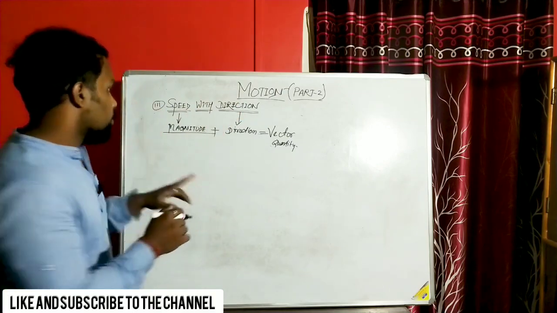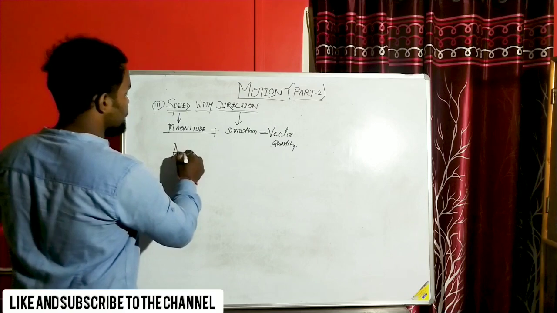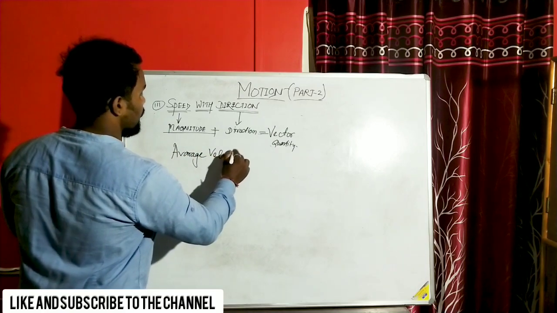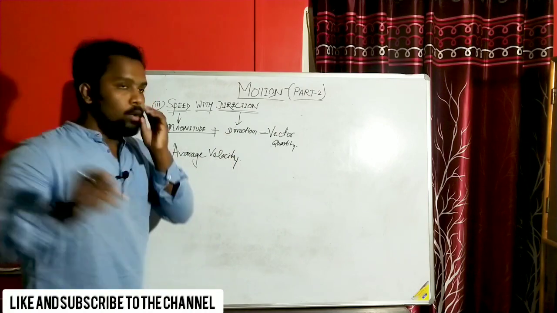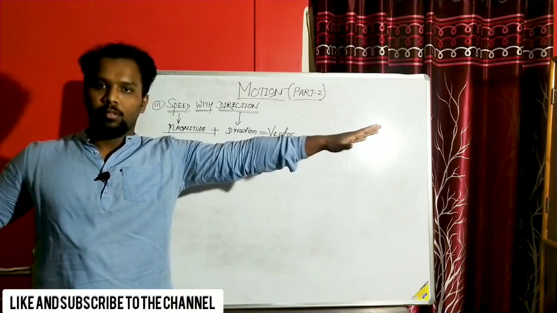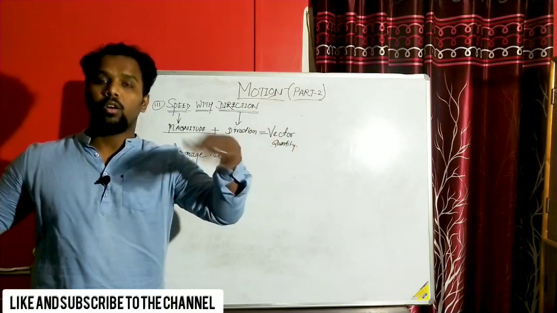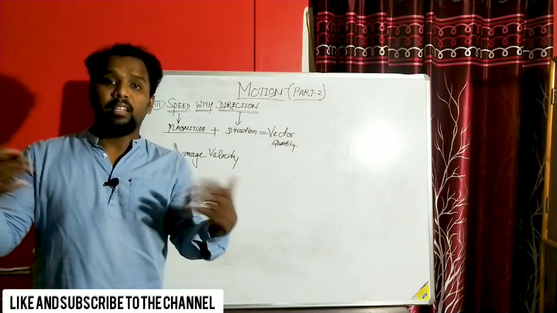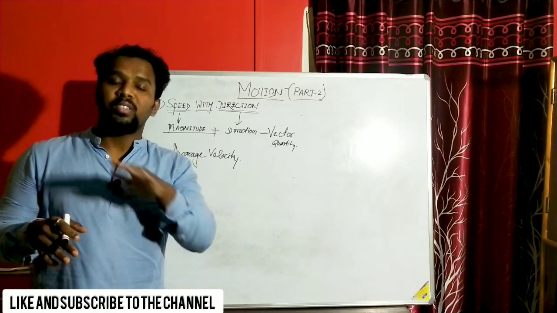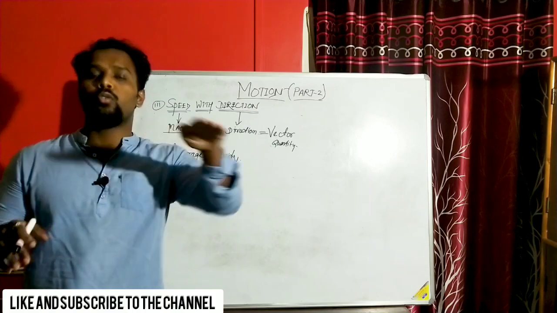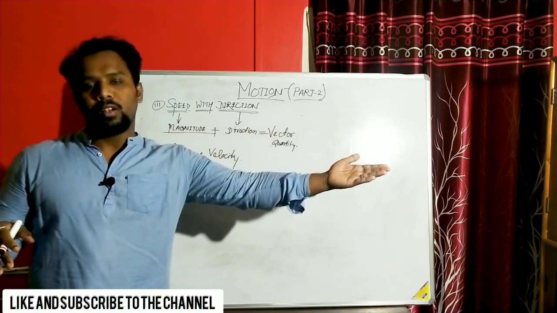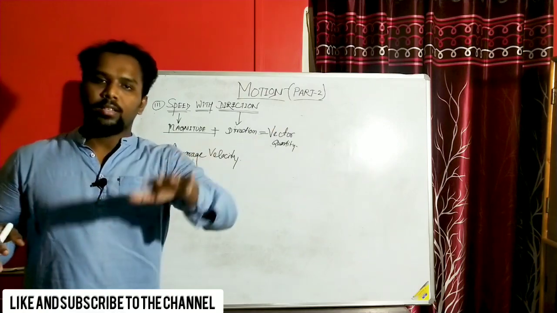Again, we need average velocity. If a car is moving from one city to the other in the east direction, we are going to measure the velocity, but that velocity is not going to be the same throughout the journey. It is going to change per unit time. Similar to speed, we're going to get some average velocity.